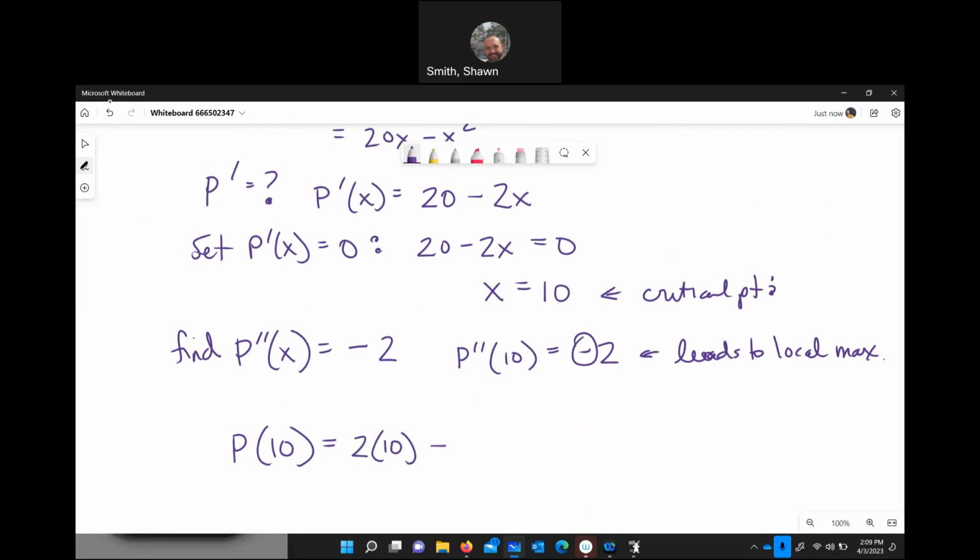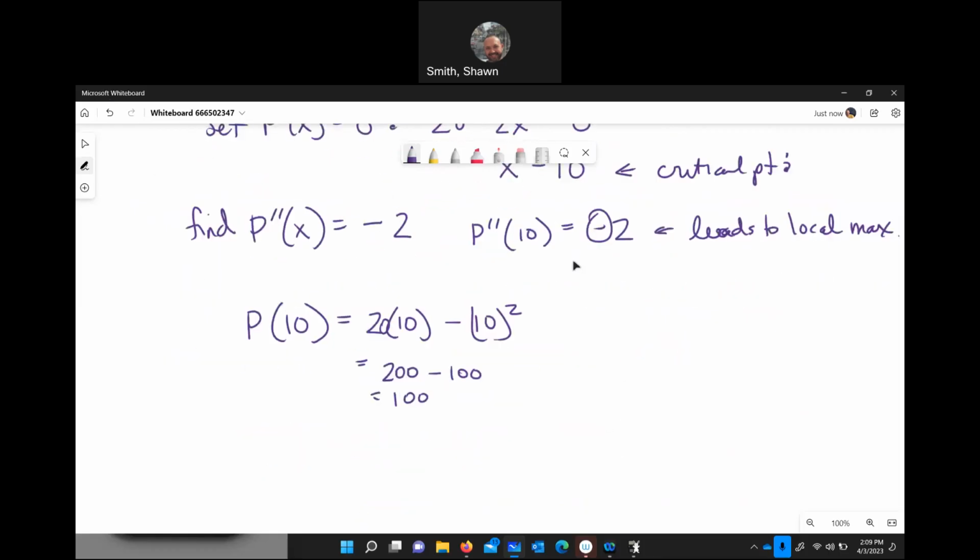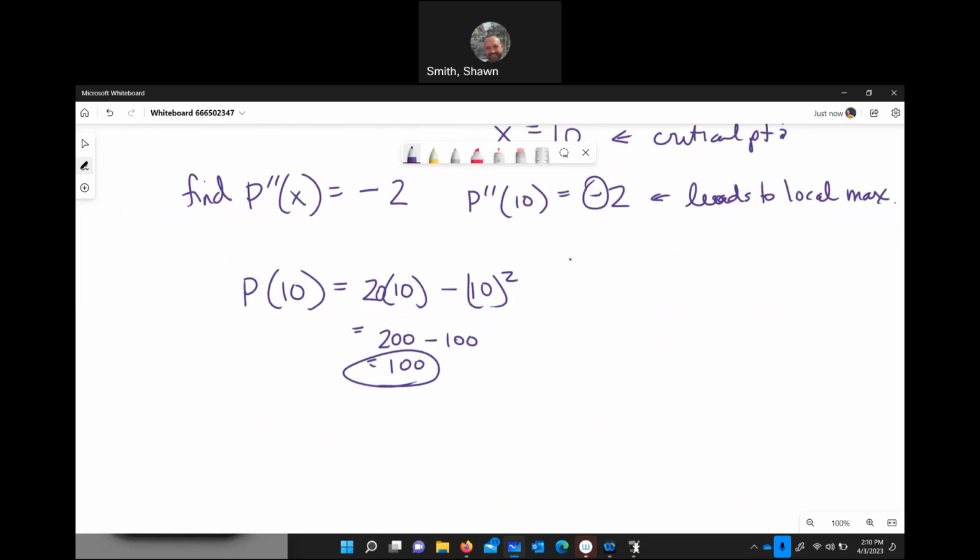So 20 times 10 minus 10 squared. So we got 20 times 10, that's 200, minus 100 is equal to 100. So the maximum area there is 100. It's the maximum product of X and Y. So 10 by 10, right?